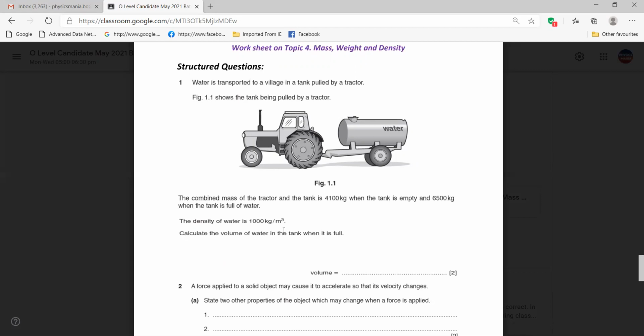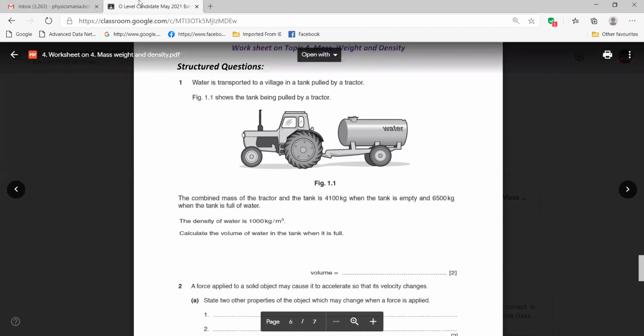So how much is the mass of water? We should subtract: 6500 minus 4100.